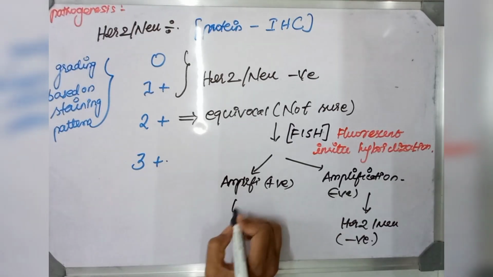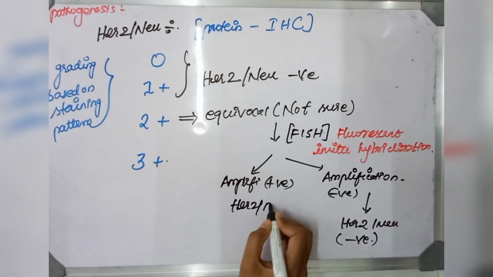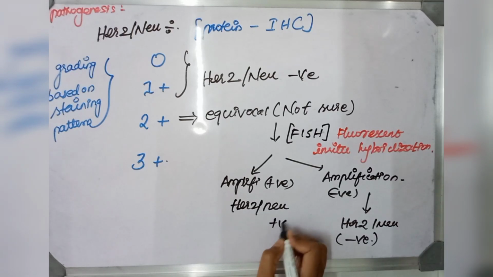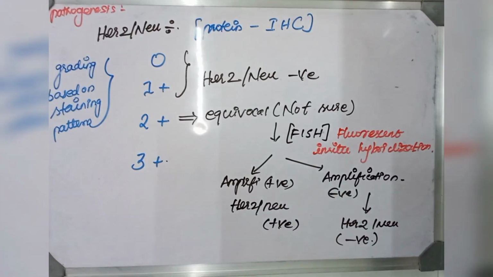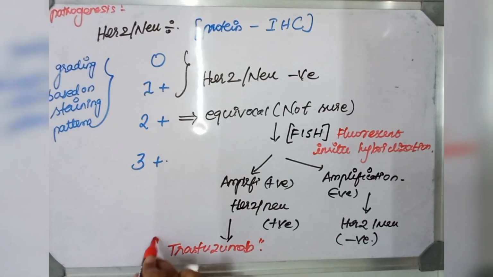So HER2 is positive. Seems to be HER2/neu is positive. So next we are going to give a drug because this is positive. The drug name is trastuzumab. Trastuzumab is given. Okay. Then what about grade 3?